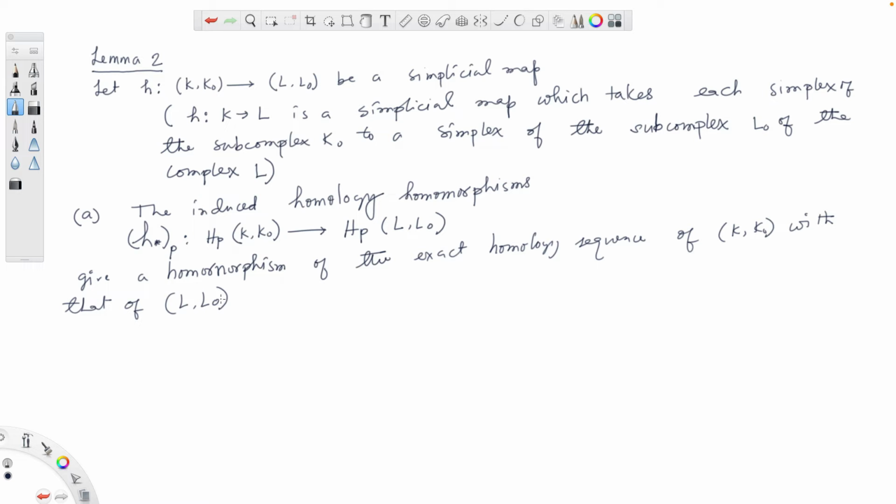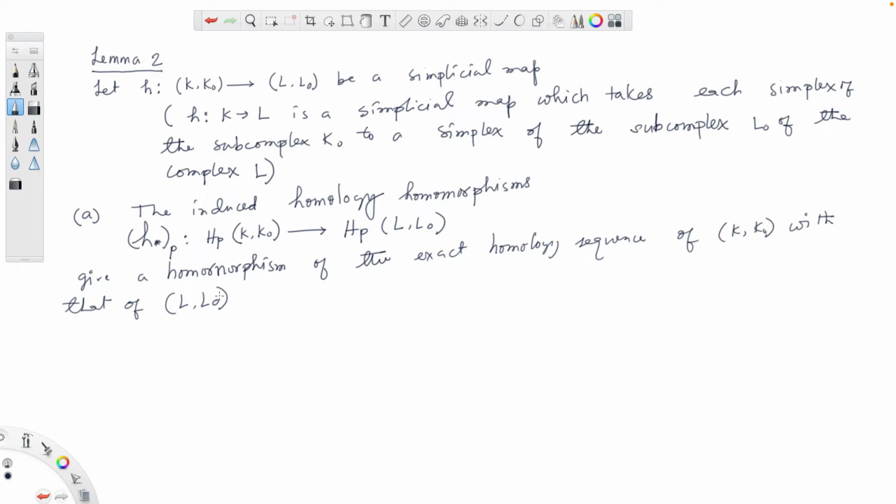We learned in earlier lectures the definition of homomorphism between two sequences. So here part A tells us that there is a homomorphism between the exact homology sequences of the pair K comma K0 with the one of the pair L comma L0.